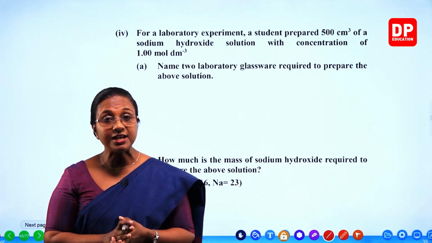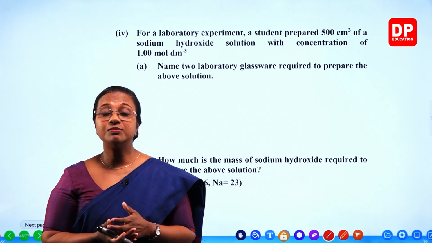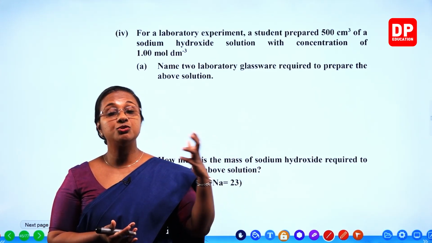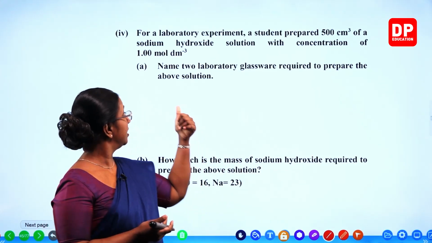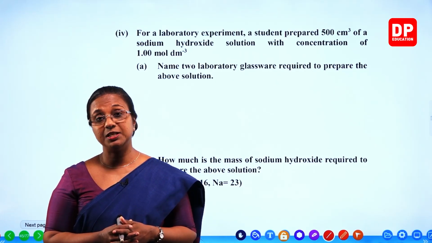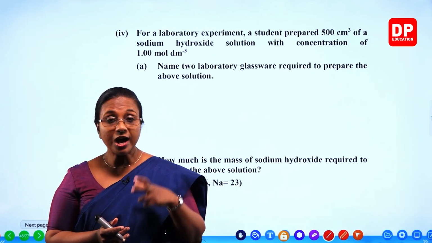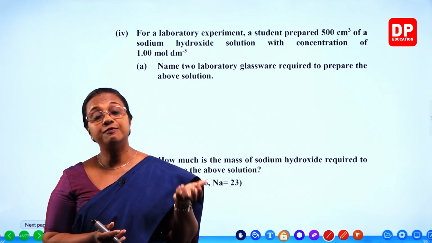So you use that to weigh the solute accurately. Then you need to transfer the solute from the watch glass to the volumetric flask. So here in this case, it is going to be a 500 centimeter cube volumetric flask. That is also a glassware. To transfer that, you need a funnel.